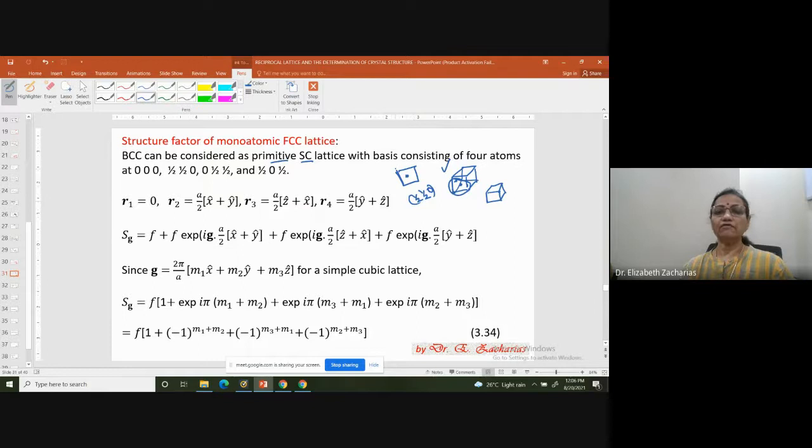Similarly, for another face, the coordinates are going to be half, 0, half. Similarly, for a third face, it will be 0, half, half. Are you understanding how we got these 4 positions? So one of the corners is going to be 0, 0, 0.